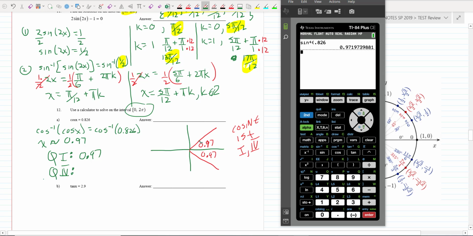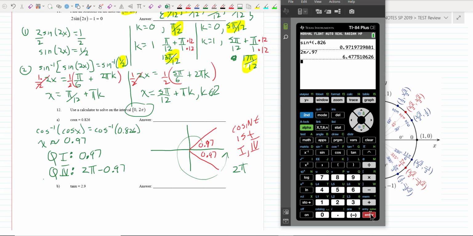You go all the way around the circle, which is 2 pi, less that. So you go 2 pi minus 0.97 to get the other answer. That's the part of the problem that sometimes students don't get. I mean, it's just because it's in radians. If it was in degrees, I think students understand it better. So anyway, I just do the same thing. If it was degrees, we'd do 360 minus that angle.